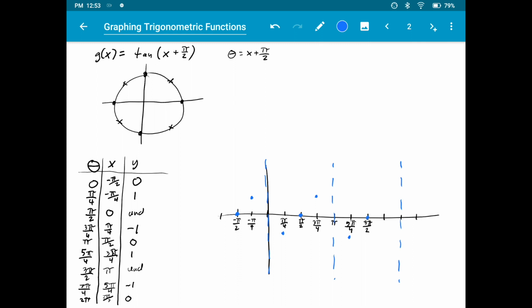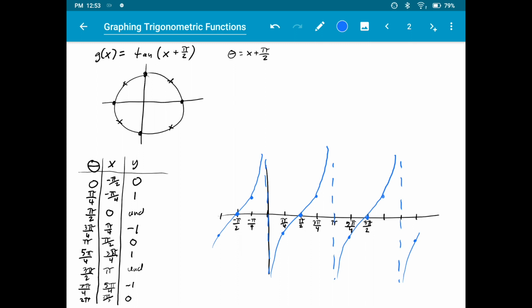At 3 pi over 2, we get 0. And this pattern continues. And so if we graph this, what we'll see is something that's looking like this. And that is what the tangent function looks like.